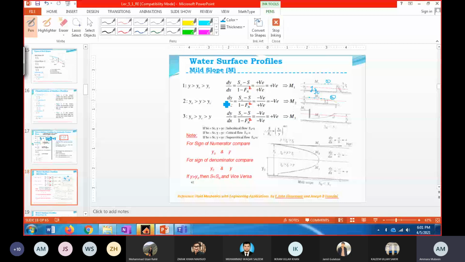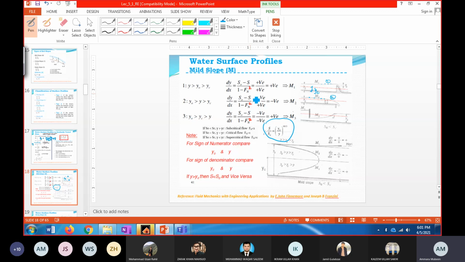So the numerator can be written as, y is greater than y naught. So S would be greater than S naught, as y is greater than y naught. This is the formula. Just check this. Or you can say y naught is greater than y, so S would be greater than S naught.